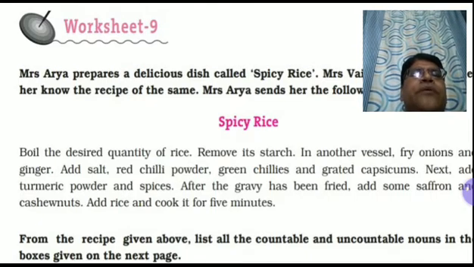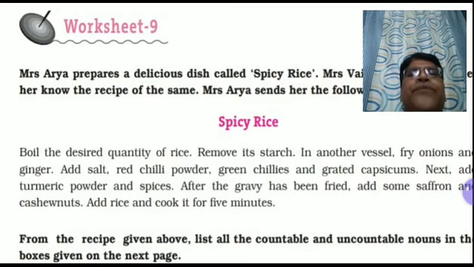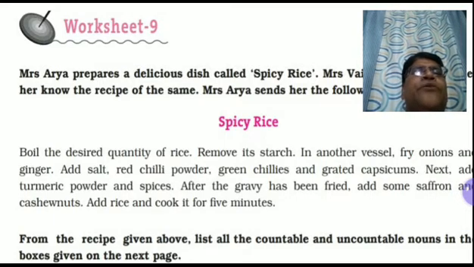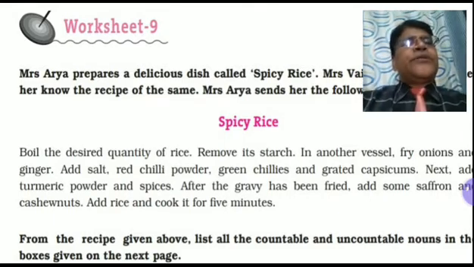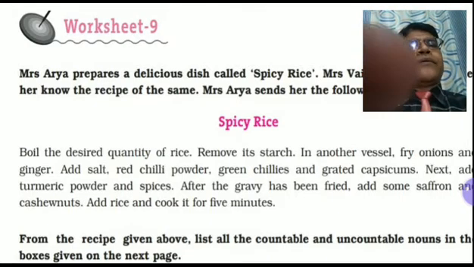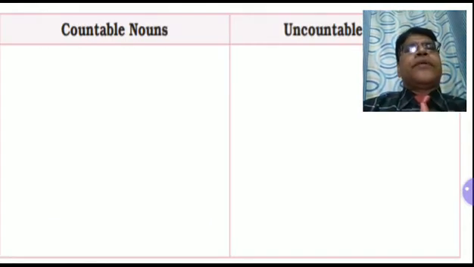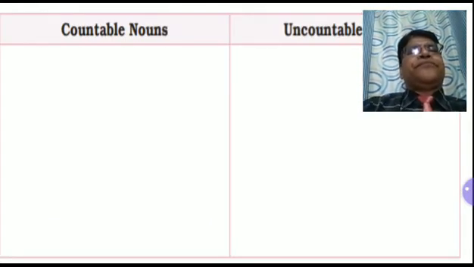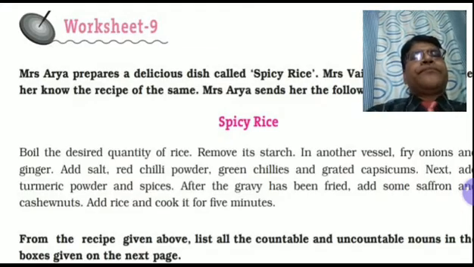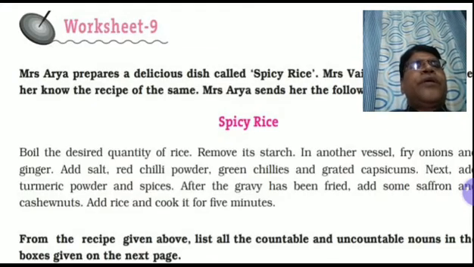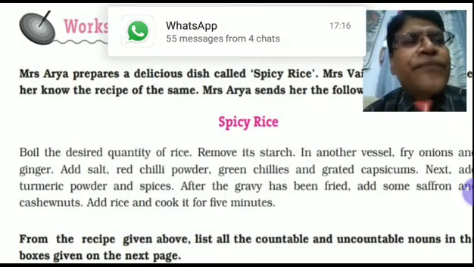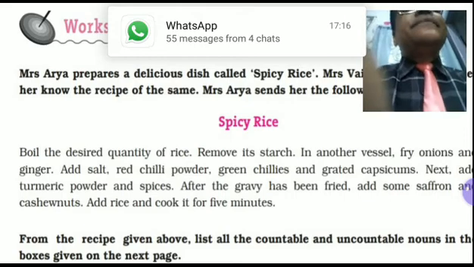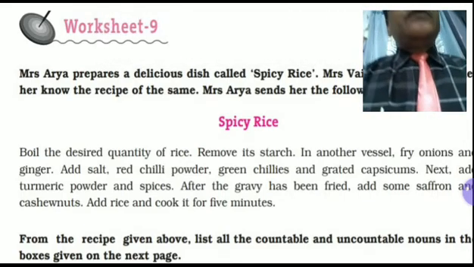From the recipe given above, list all the countable and uncountable nouns in the boxes given on the next page. Now, let us see what is on this next page. Now you have to see which are countable nouns and which are uncountable.